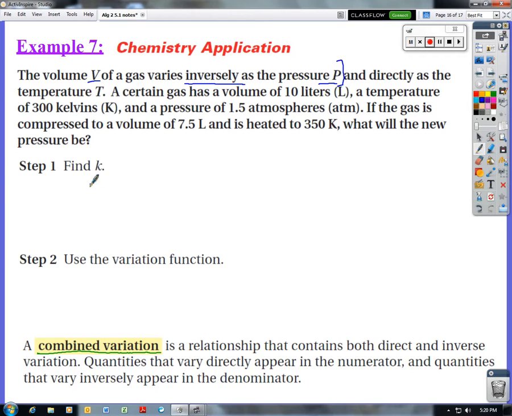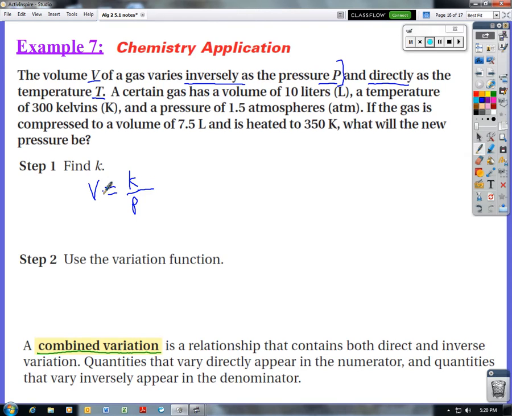So we've got V equals K over P because it's inverse, okay? So let's keep reading. And directly as the temperature T. So normally, if it was directly related, it would be V equals K times T. And this case is no exception.